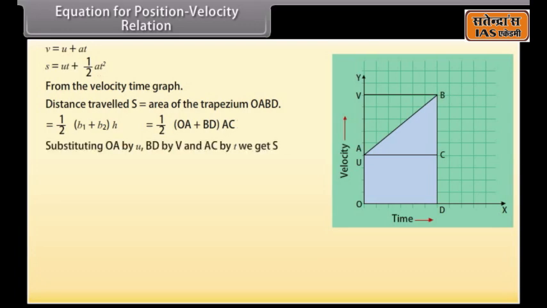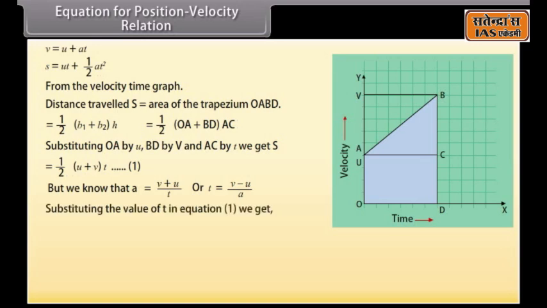Substituting OA by u, BD by v, and AC by t, we get s is equal to 1 upon 2 into u plus v whole into t, equation 1. But we know that a is equal to v minus u whole upon t, or t is equal to v minus u whole upon a.